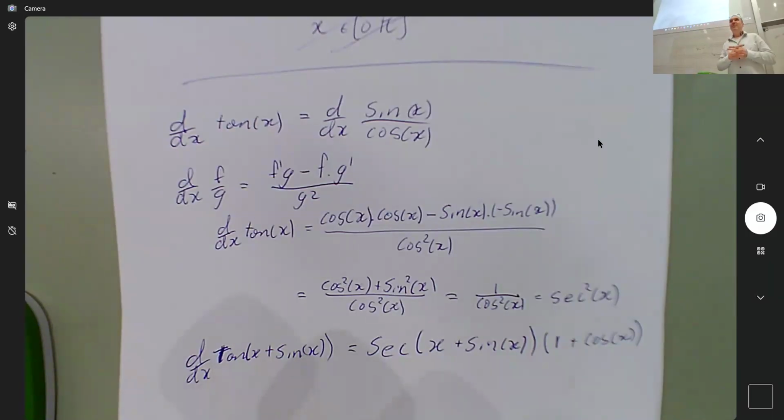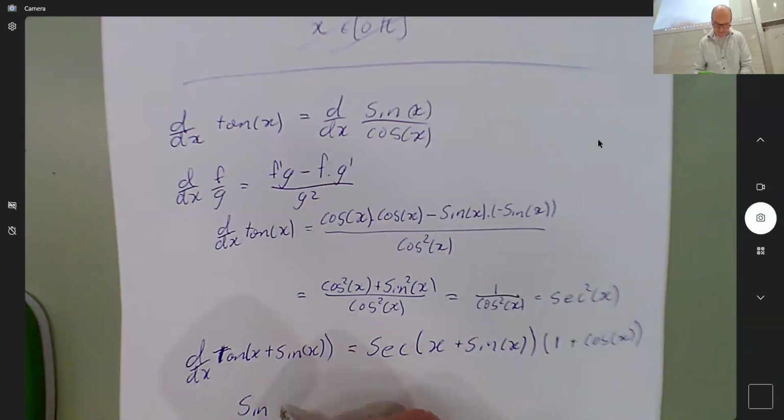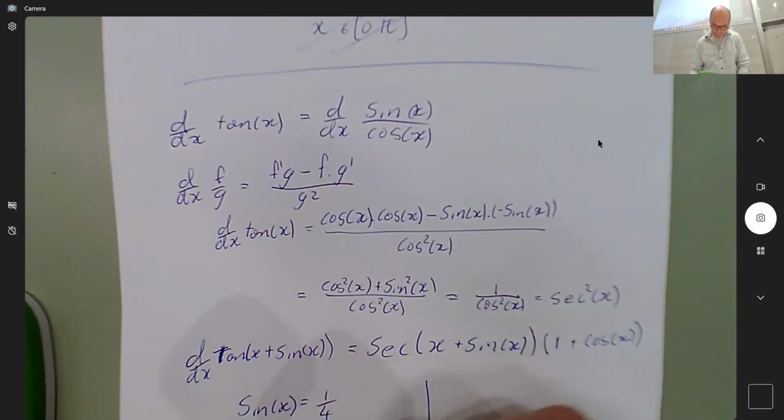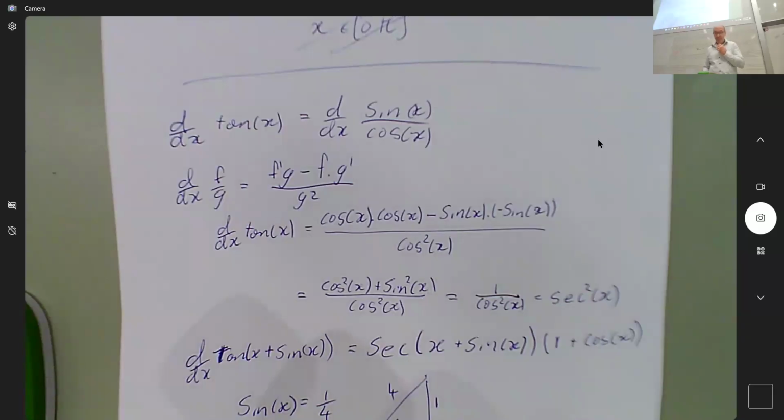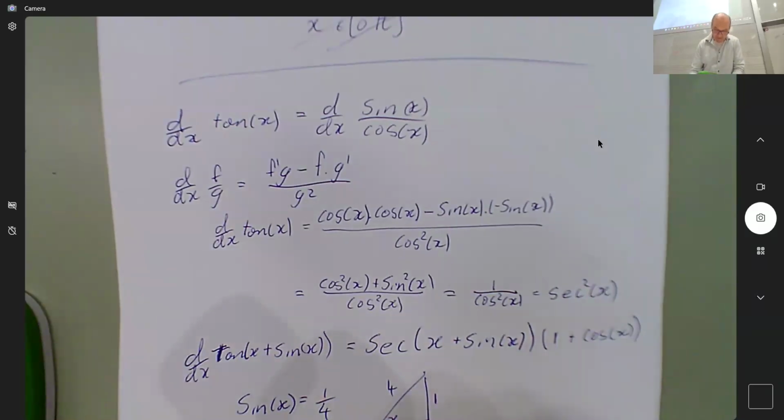Are we happy with our trig refresher? Is there anything we think we might have missed? About the only thing with trig is, remember, you can draw a triangle. If I say sine of x is equal to 1 on 4, I can draw that, and work out that length there, which is the square root of 15.